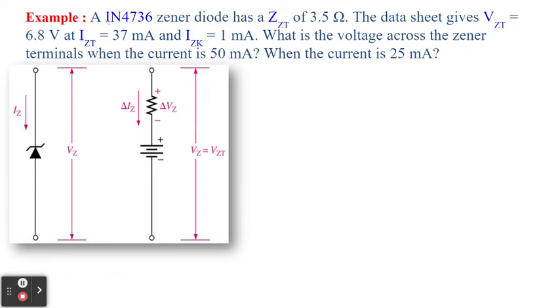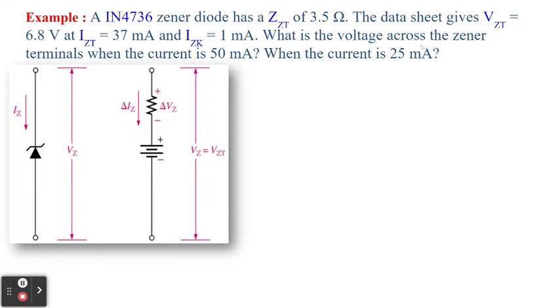Now, let's say that the 1N4736 Zener diode has a ZZT of 3.5 ohms. It means that the impedance of the Zener diode is 3.5 ohms. Looking at the datasheet, it gives us the VZT as 6.8 volts and the IZT equal to 37 milliamperes, while the IZK is equal to 1 milliampere.